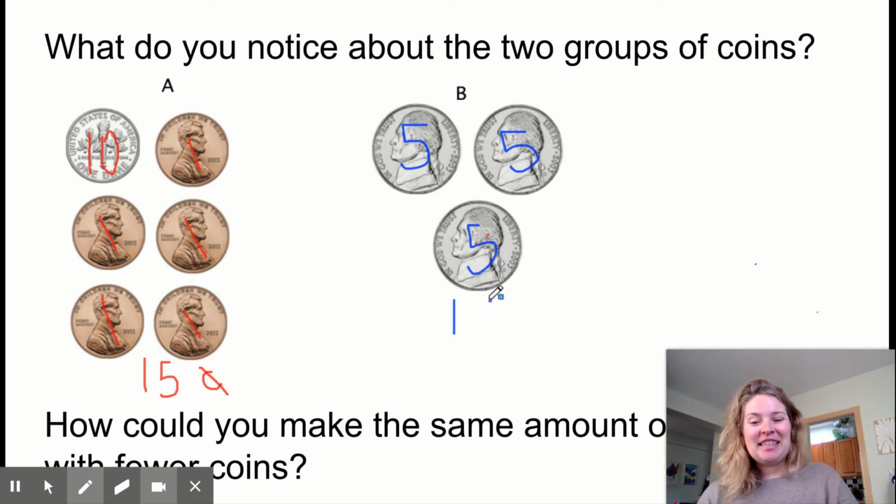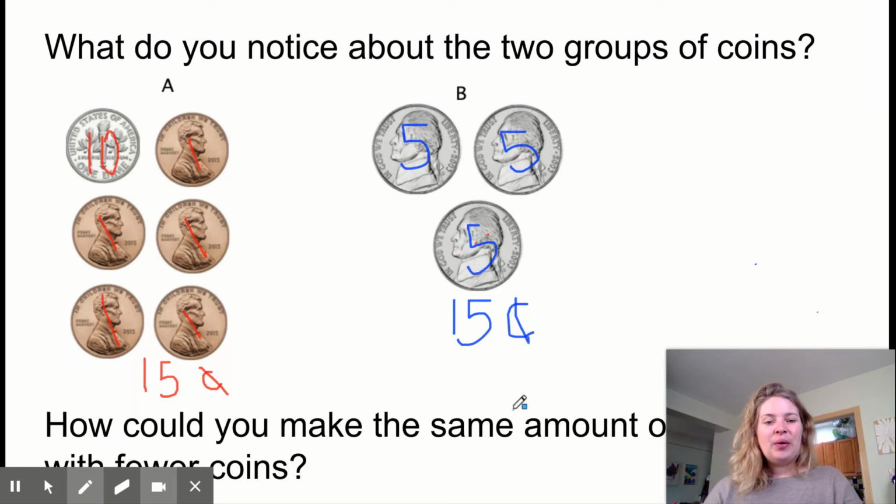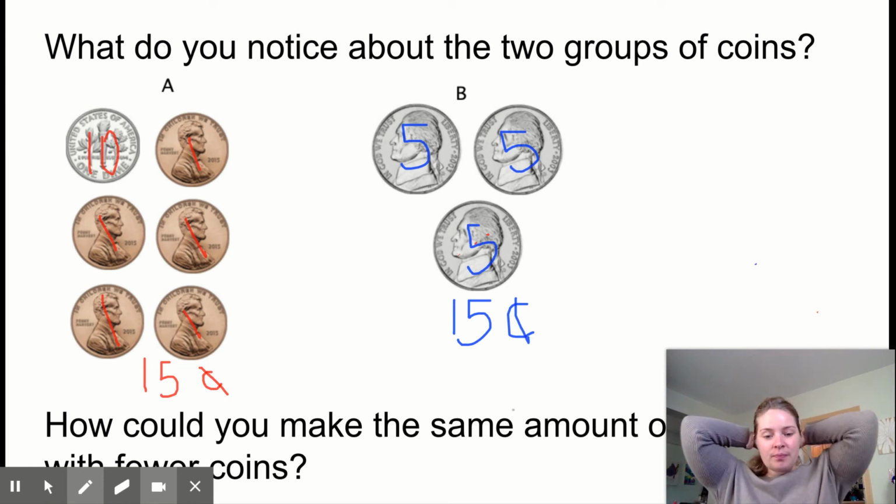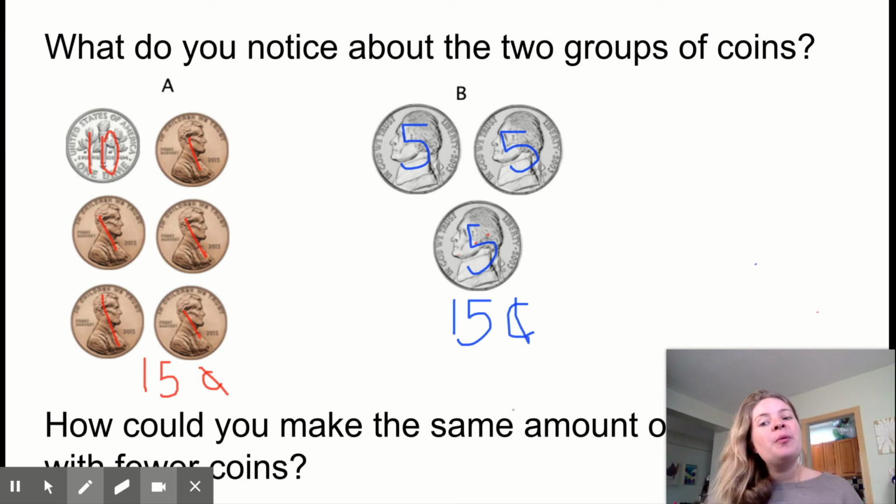We have 15 cents. Wow. Which group of coins has more coins, Group A or Group B? Group A has more coins. A more efficient amount of coins is Group B.